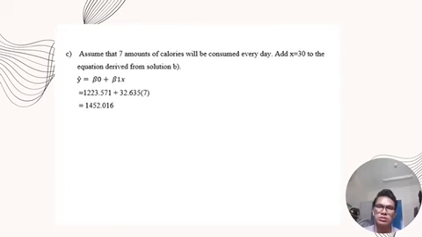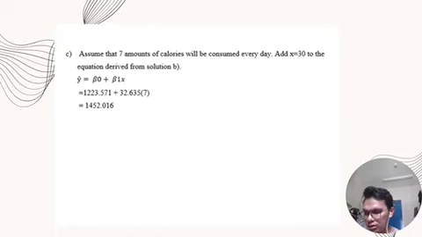Okay, for the next question, assume that a certain amount of calories will be consumed every day. Add x equal to 7 to the equation derived from solution B. So this is the equation of y hat equal to intercept of y plus slope of the line multiplied by x, which is 7.